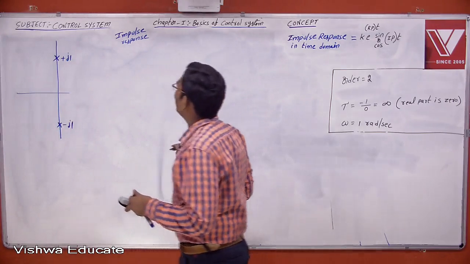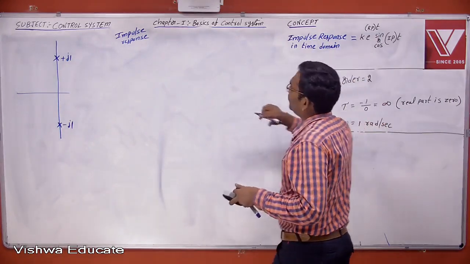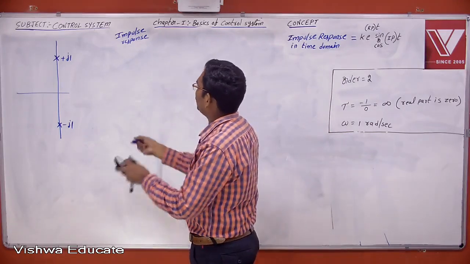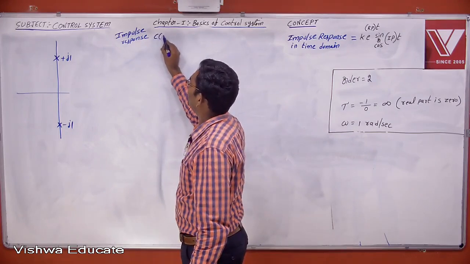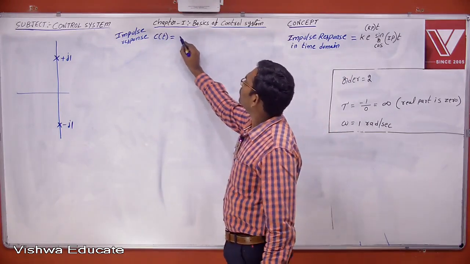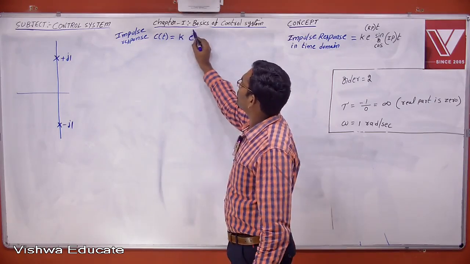Now, whatever it may be, our question is only one thing. Our topic is the impulse response in time domain. If it is an impulse response, we have a shortcut method. Use that directly: some constant into e power real part. Is there any real part? No, real part is 0.